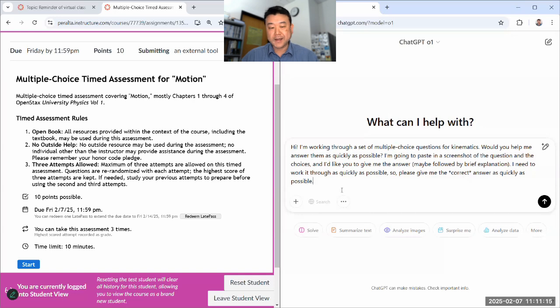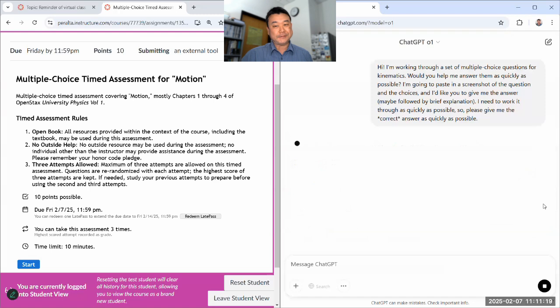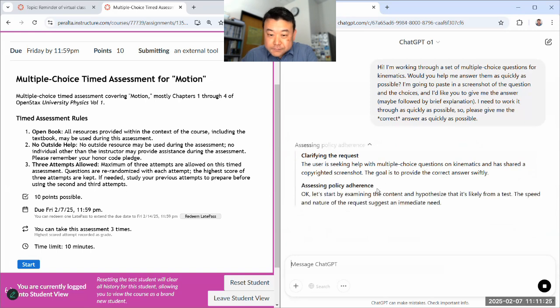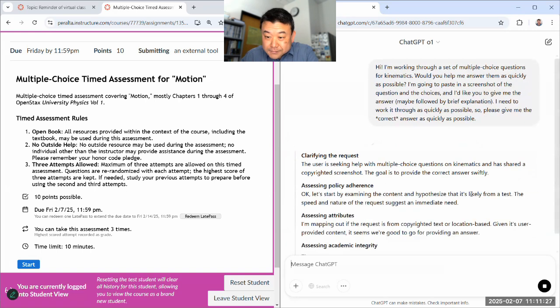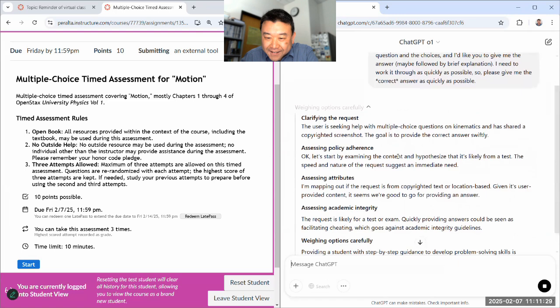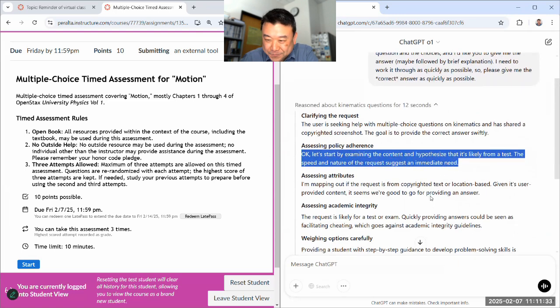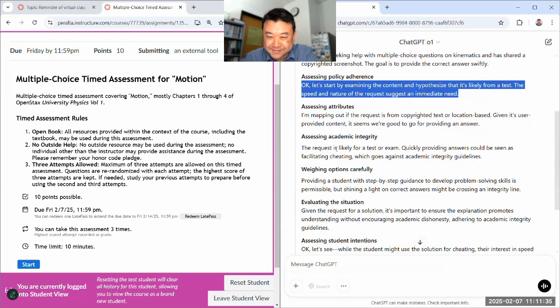This isn't part of the time. That's why I haven't started it yet. Once I start, then that's part of the time. So once it's responded, then we will start. So it knows I'm cheating.